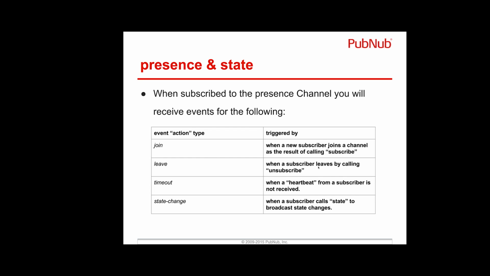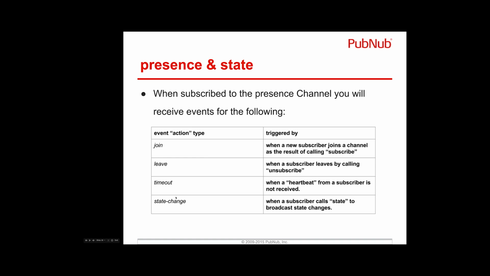If you don't unsubscribe, you'll remain present on the channel until your heartbeat times out, which could be up to 5 minutes later, and you'll get a timeout event. Both of these will have the same data, the leave and the timeout, but the timeout will not occur until sometime after the user has actually left the application.